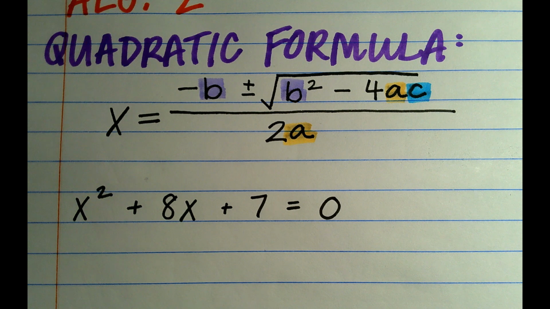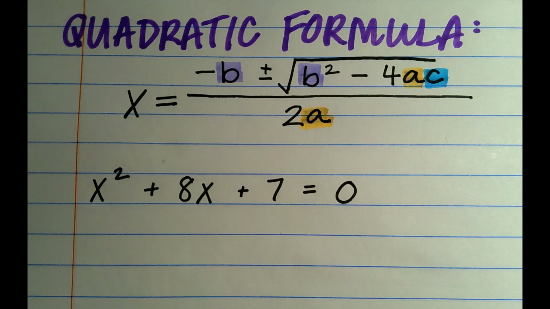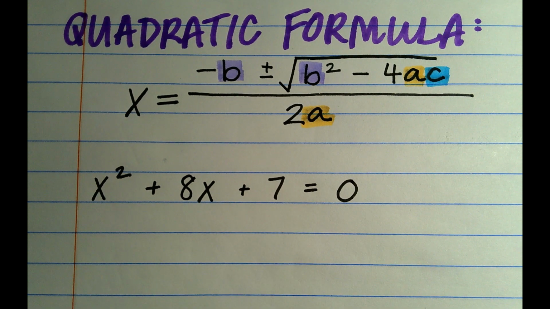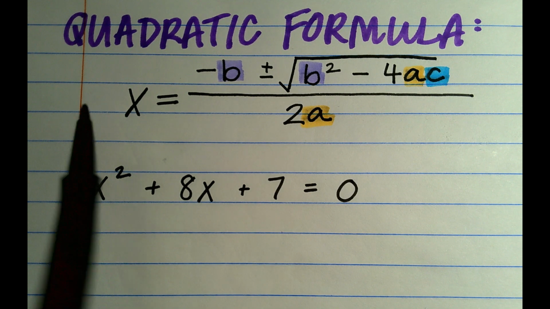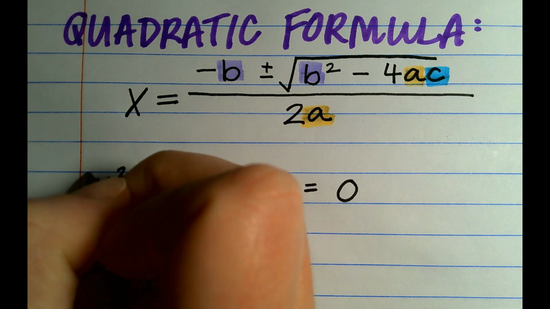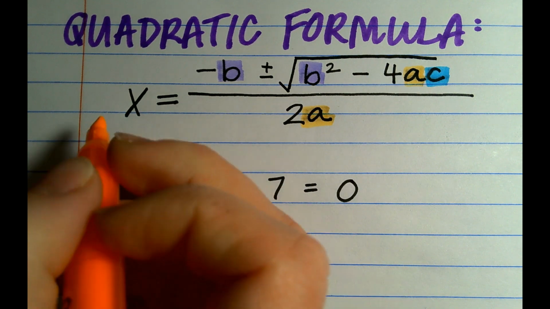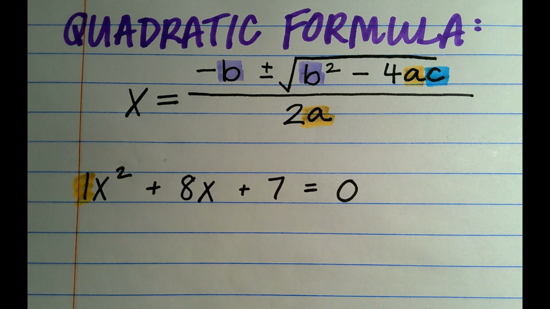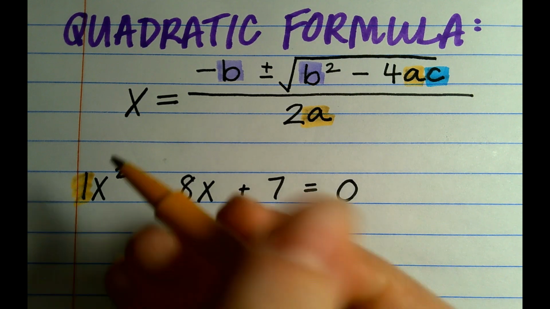Okay, so first what I'm going to do is highlight in my problem and label the values that I have for A, B, and C. So, what's my value for A? 2x. Yeah, there's no number here, so the number is 1. That's my A. So I'm going to highlight it orange and write A. My A is 1.